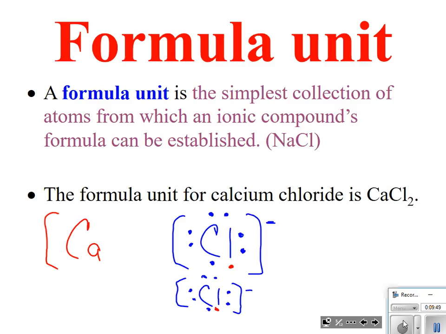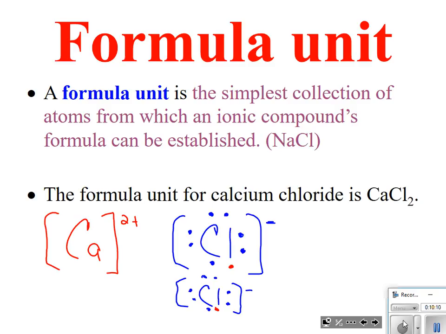So what's calcium's charge going to be now? 2 plus. Okay? Calcium originally had 20 electrons. Now he's down to only 18 electrons, still has 20 protons.